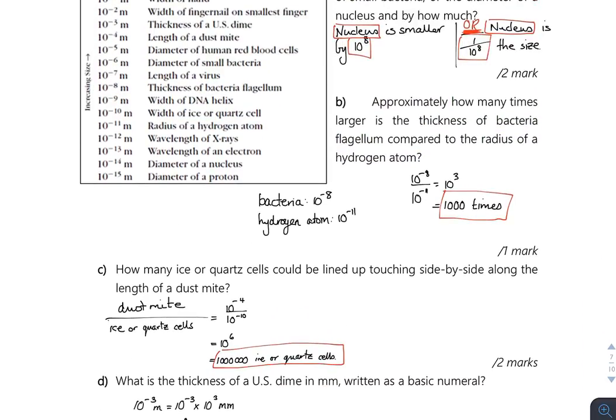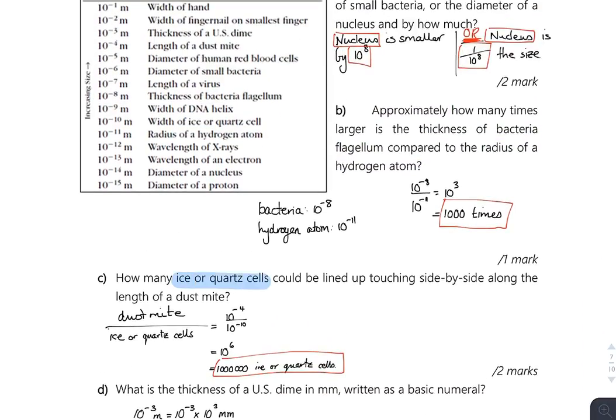The next question is looking at how many ice or quartz cells could be lined up touching side by side along the length of a dust mite. So in this particular question, the ice or quartz cells is 10 to the negative 10. Dust mite is 10 to the negative 4. We want to know how many of those cells fit into the dust mite.